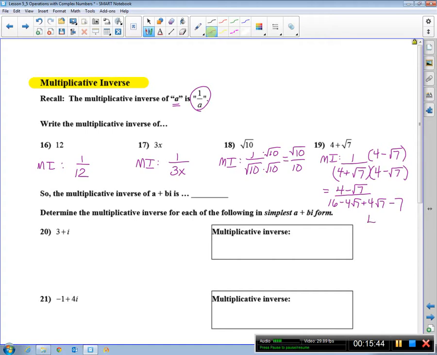And so we have 4 minus the square root of 7 over 9. The bottom line is, when we get these binomials, we have more work to do. So the multiplicative inverse of a plus bi is 1 over a plus bi. And then you have to rationalize.